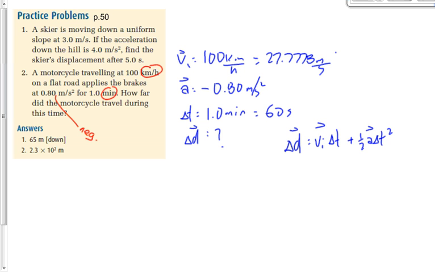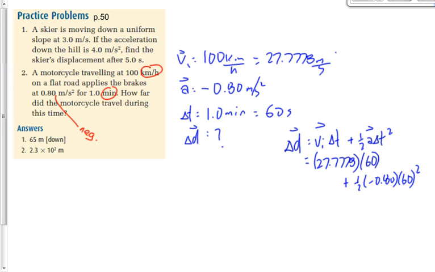Yep. Okay, let's try it. I think that's going to work for us. I think you're right. But if you're not, then what's the worst that's going to happen? Try again. We'll either get the right answer or we'll find out that we picked the wrong equation, one of the two. VI is 27.7778 times the time of 60 seconds plus 1/2 of negative 0.80 times 60 seconds.